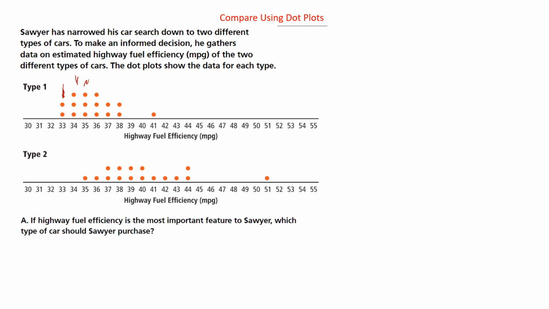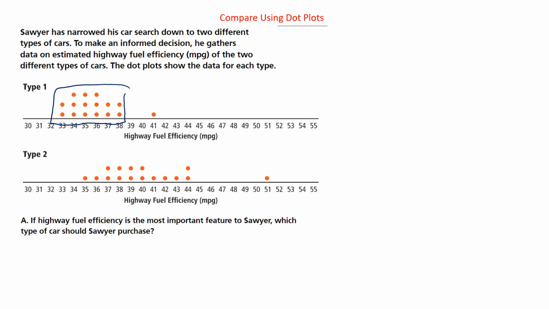the question: if highway fuel efficiency is the most important feature for Sawyer, which type of car should he purchase? Well, all we have to do for this is look at the graph. Look at the graph. In type 1, we see most of the data is clustered down here between 32 and 38 miles a gallon.